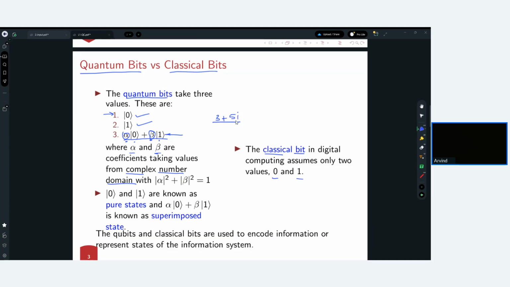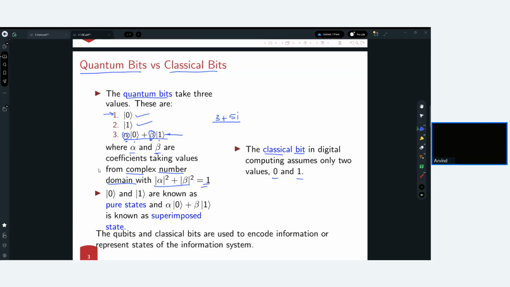One more condition needs to be satisfied with respect to a quantum bit's valid state. The absolute value square of alpha and the absolute value square of beta should always add up to 1.